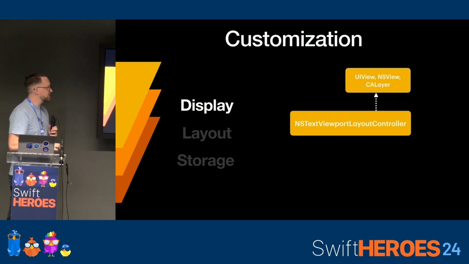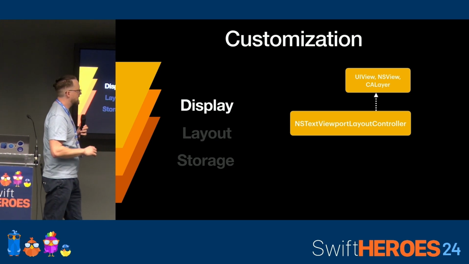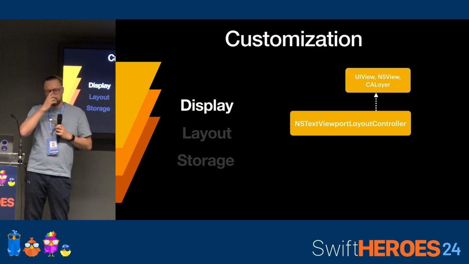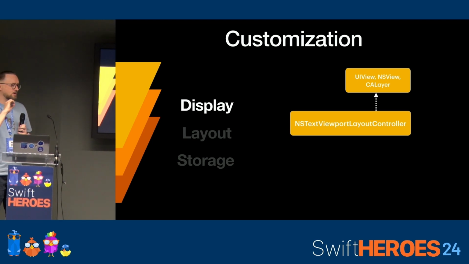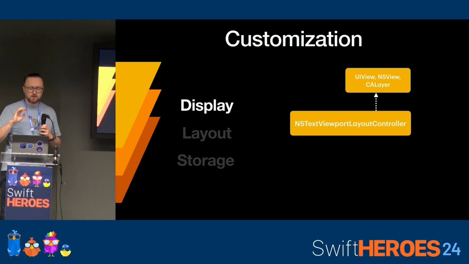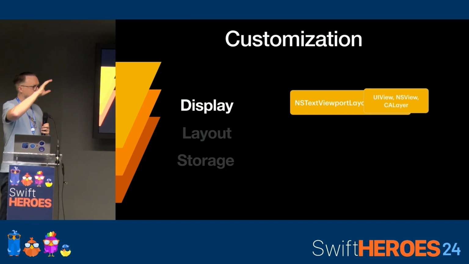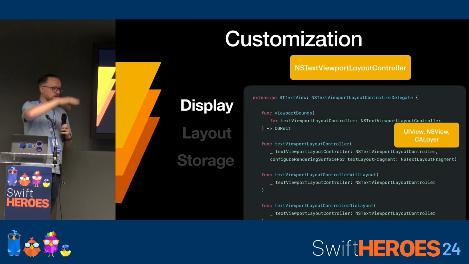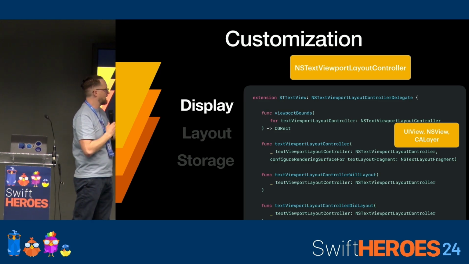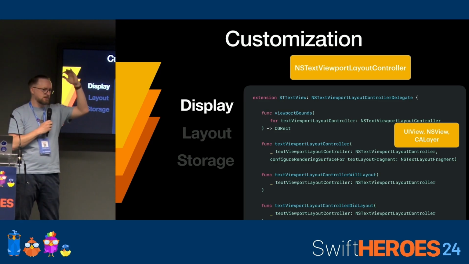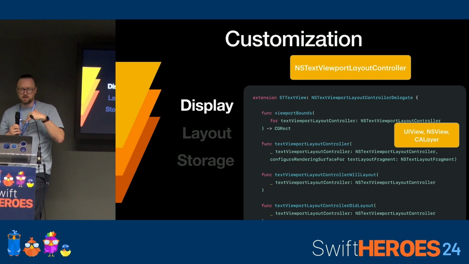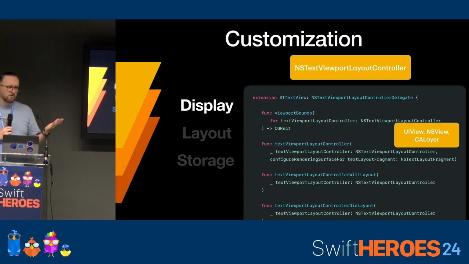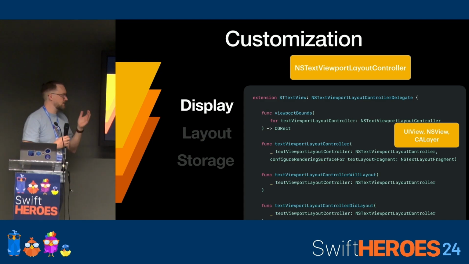Finally, on the display level, the viewport layout controller, that's the innovation in TextKit for performance reasons. To avoid laying out the whole screen over, they said, okay, what if we just limit the surface of layout just to the visible area, so that should reduce the memory footprint and the CPU usage.